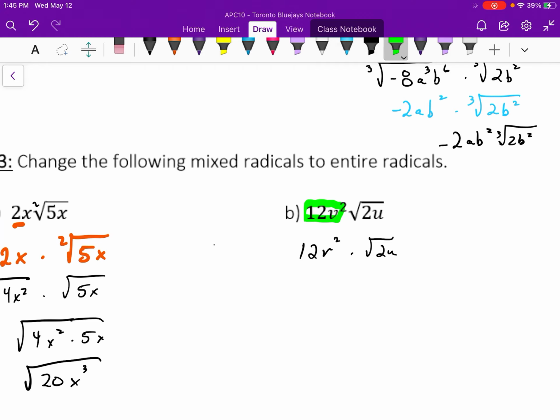This, including the 2, would be outside the radical. So what am I going to do? I fundamentally ask 12v squared is equal to the square root of what? Well, what I'm going to do is I'm going to say 12v squared, and I'm going to square that, and that is going to be 144v to the power of 4.